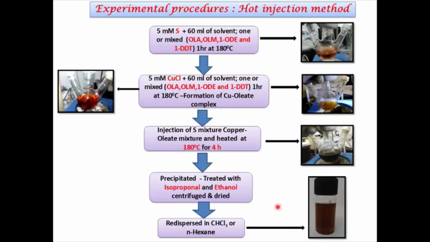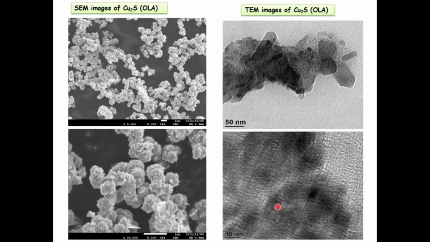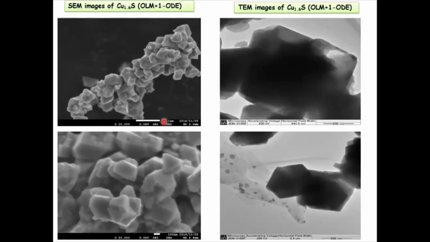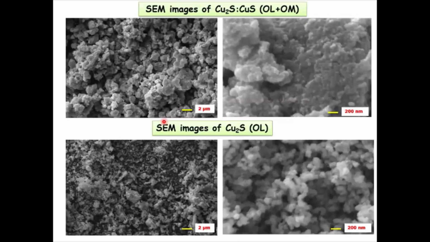So as an ink, this is the surface evolution with oleic acid for Cu2S, almost particle-like, and we are also able to get disc-like shapes for the oleylamine and octadecene mixture of surfactants. This is for the oleylamine and oleic acid mixture, which gave particles of the same copper sulfide.